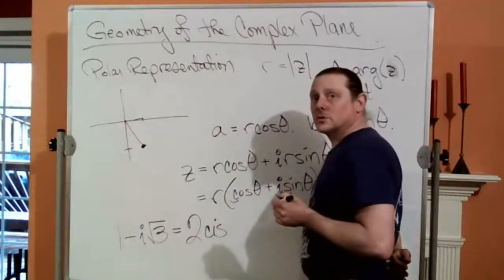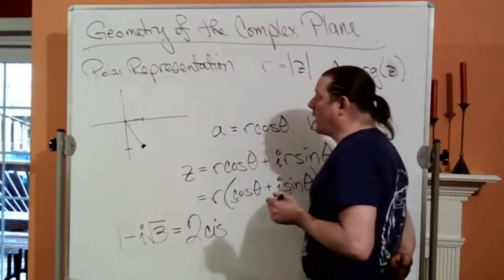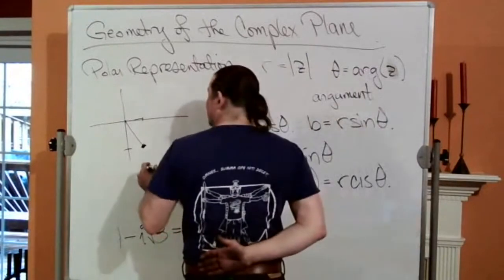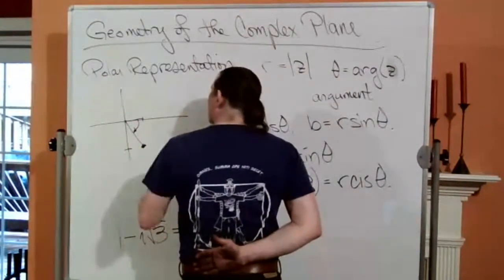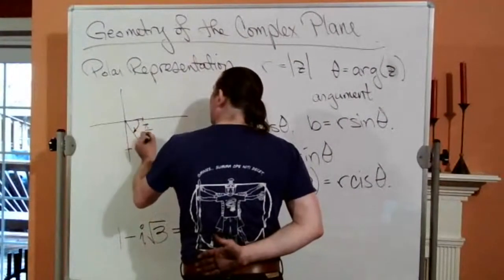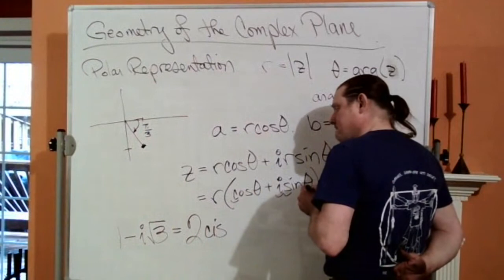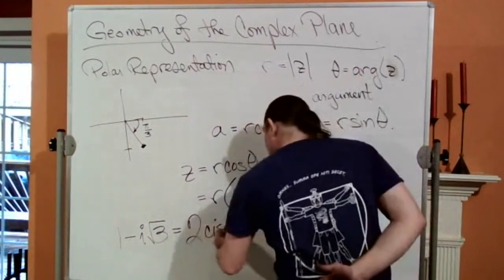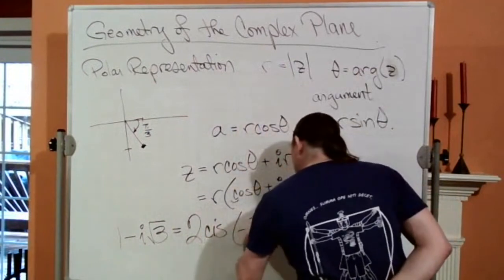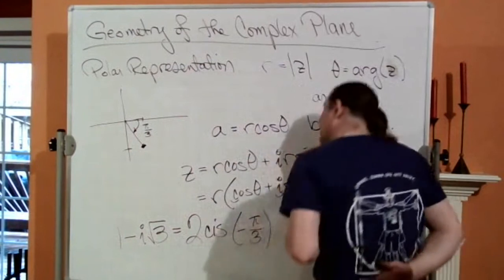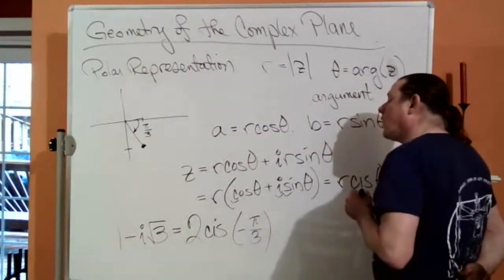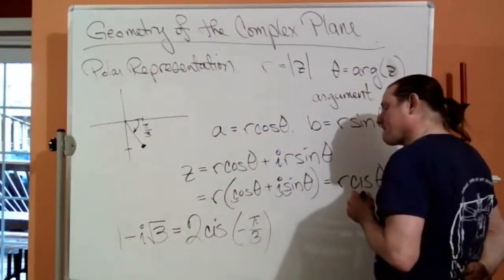That angle is pi over 3. So I could say this is 2 cis negative pi over 3.